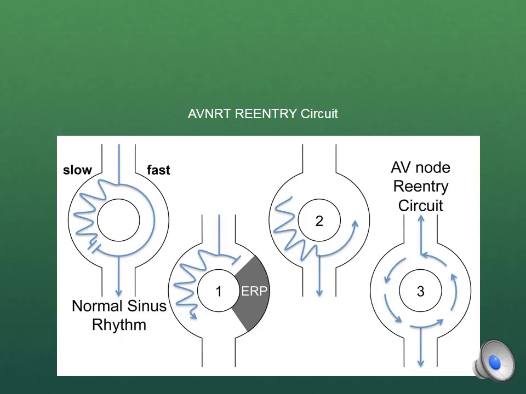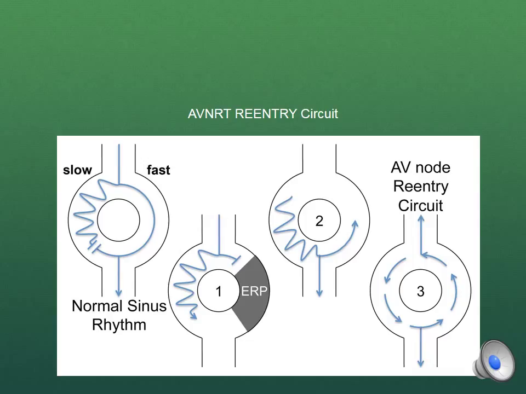Something else you need to remember is that because the fast side is canceling out that slow side, there can be times where the fast side is in a refractory period longer than the slow side. So if you look at the second picture here, we have a premature stimulus.